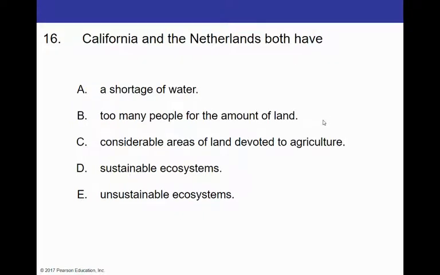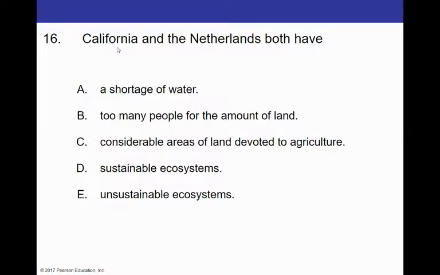Last question here. California and Netherlands both have blank. We're thinking of what they have in common. They're both different examples of how you address sustainability, but what do they have in common? A is out because only California has a shortage of water. Too many people for the amount of land, that is out.